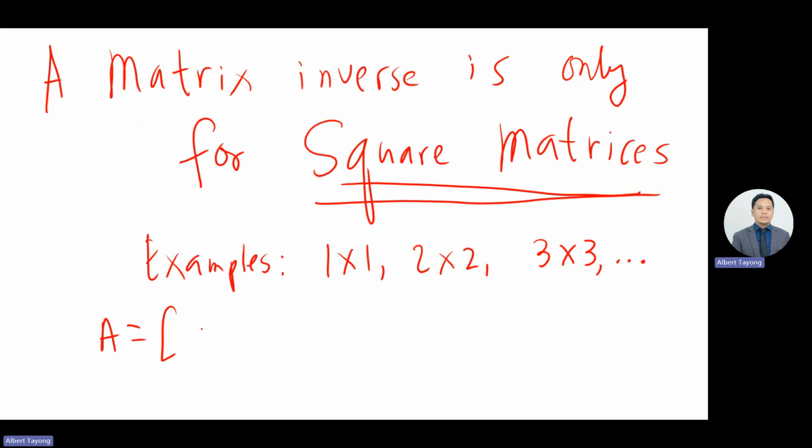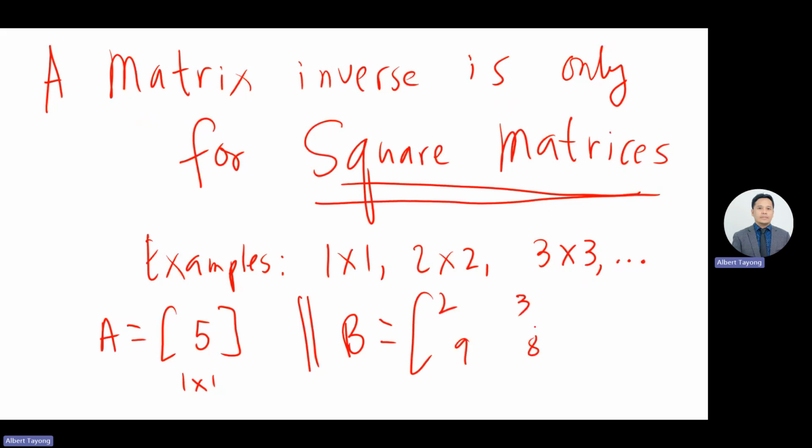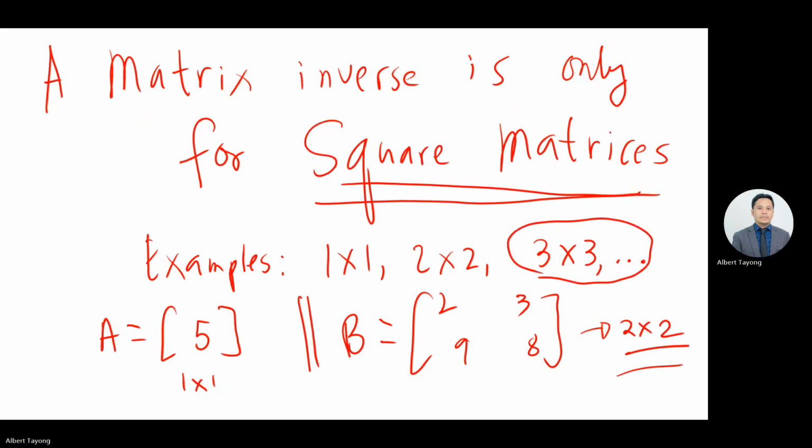A, for example, is 5, a square matrix because we have one row and one column. B is equal to 2, 3, 9, 8 is also a square matrix because the number of rows is equal to the number of columns. And it can continue to 3 by 3, 4 by 4, and so on.